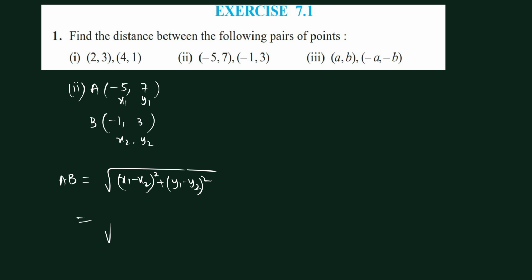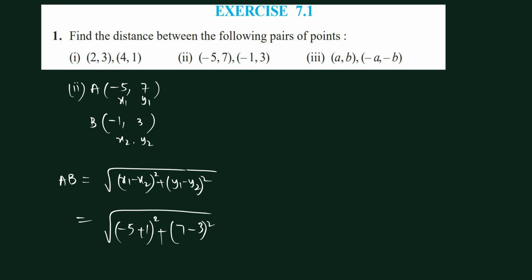So what is the x1 value here? Minus 5. Minus of minus 1 will become plus 1. Minus 5 plus 1 whole square plus, what is the value of y1 here? 7. Minus y2. What is y2 here? 3. 7 minus 3 whole square.